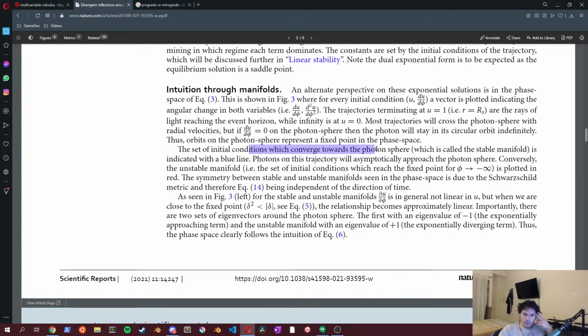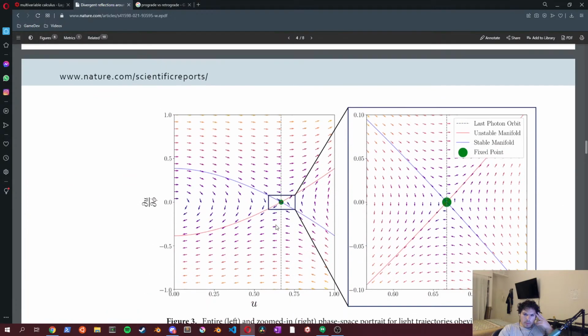Set of initial conditions which converge towards the photon sphere, called the stable manifold, is indicated with the blue line. Okay, so you have to be somewhere on this blue line to end up in orbit.